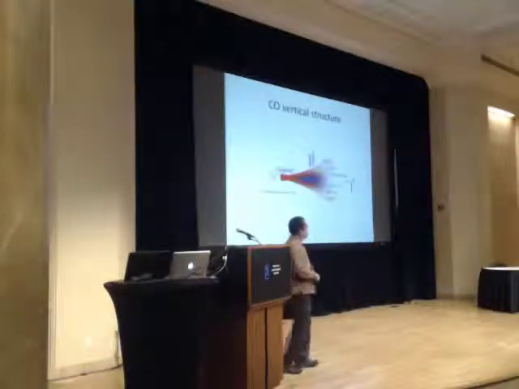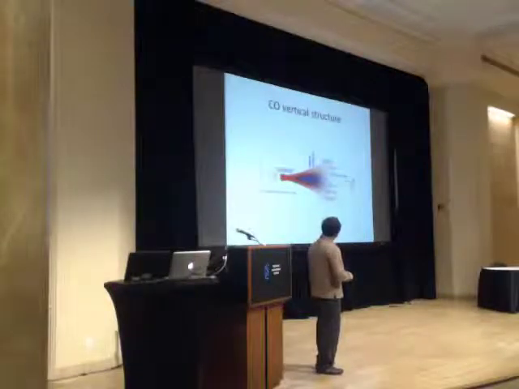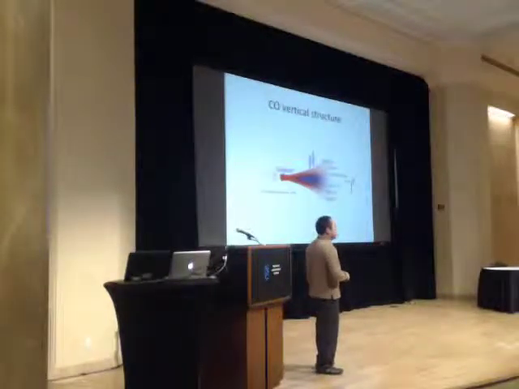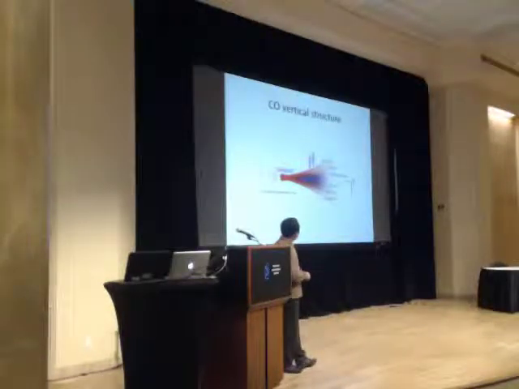So CO will freeze out in the midplane. But when the surface is hot enough, over 20 Kelvin, CO will be in the gas phase, so it will extend further away to large radii. It's quite tricky to determine the location of the CO snowline because it's hidden inside the big envelope of CO emission.